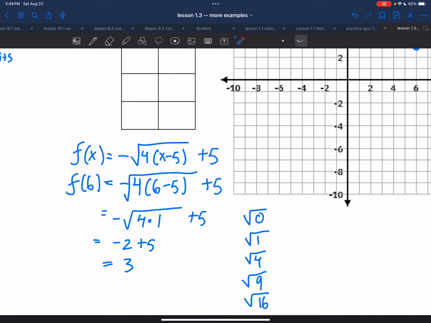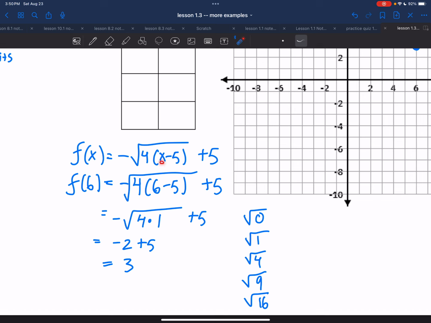If you pick 7 here, I'm not going to write all the math, but 7 minus 5 is 2, and 4 times 2 is 8. I don't know the square root of 8, right? So I wouldn't pick 7 because I don't know the square root of 8. And then the question would be, what can I plug in for x to make it any one of these, right? Any one of those.